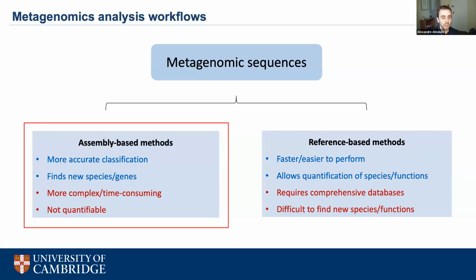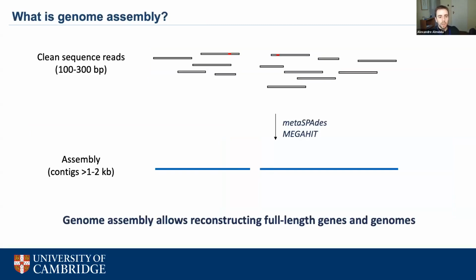So I'll start going briefly over some methods for the assembly-based pipelines. As I was mentioning, assembly means reconstructing longer sequences from the short read alignment. You start with your clean sequence reads that span 100 to 300 base pairs, and you can use tools like MetaSPAdes or MEGAHIT to reconstruct longer contiguous sequences, usually referred to as contigs, that will span at least 1 to 2 kilobases.